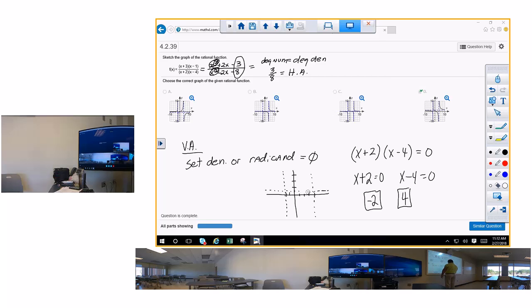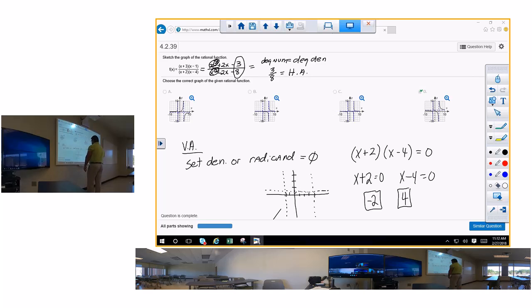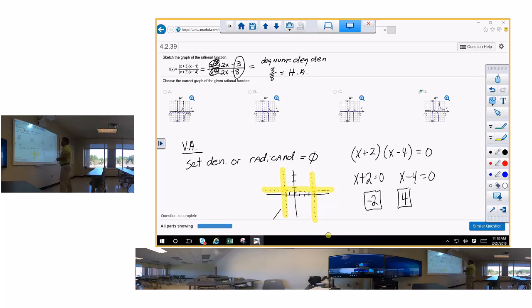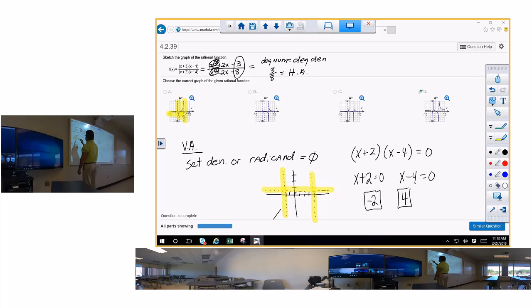So you're looking for a graph with 2 vertical asymptotes and 1 horizontal asymptote, let me just use the highlighter. You're looking for a graph that has two vertical asymptotes and one horizontal asymptote at 3/8, which is about 1/3. So this one has two, but it has below, so that one's not right.